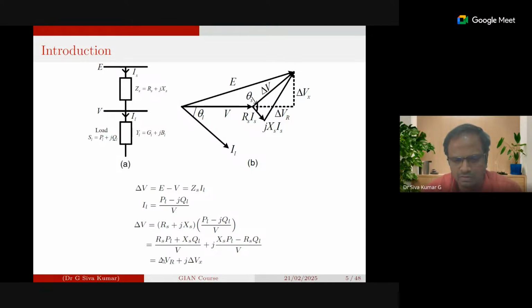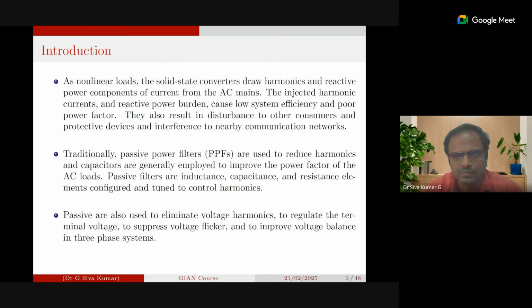In this equation, QL is going to affect this drop. When QL is zero, you have the drop across RS times PL by V and jXS times PL by V. Delta V is calculated as the drop across your ZS and IL. Because of the reactive power, there is an effect on the terminal voltage V.